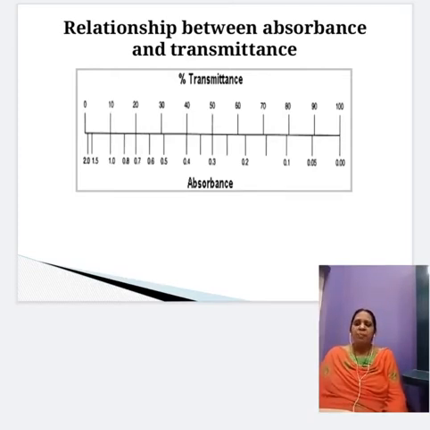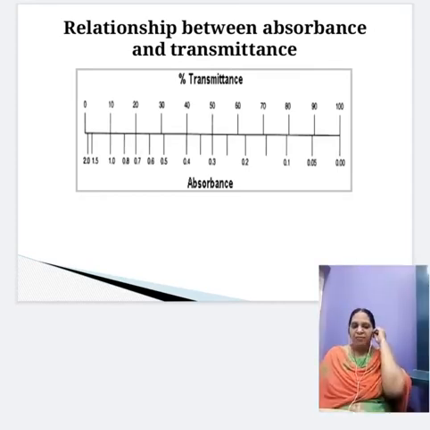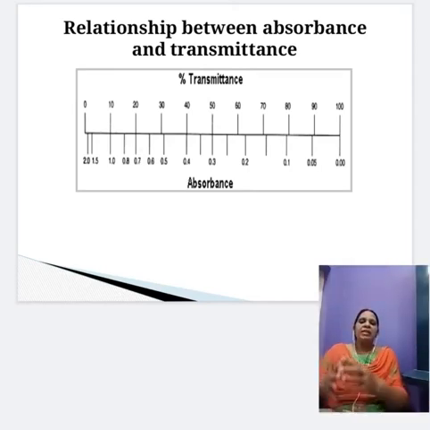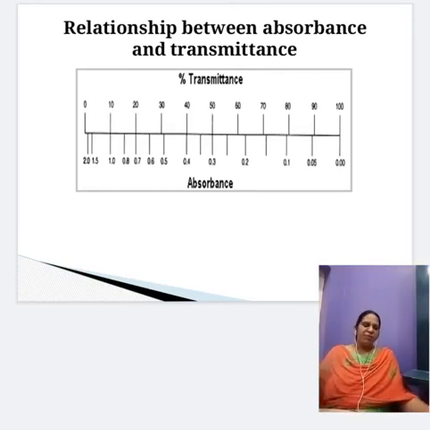Then what will be the percentage of transmittance? It is 0. Then absorbance is infinite. So between these two extremes, that is when the transmittance is 0 and when the transmittance is 100, you can plot the graph and you get the graph as shown in the figure.